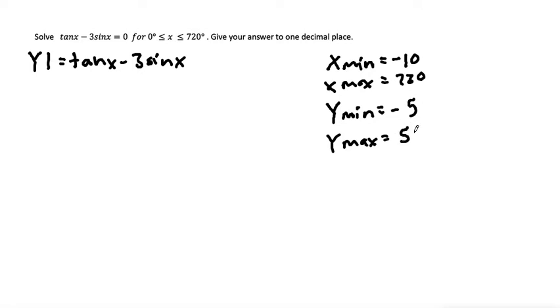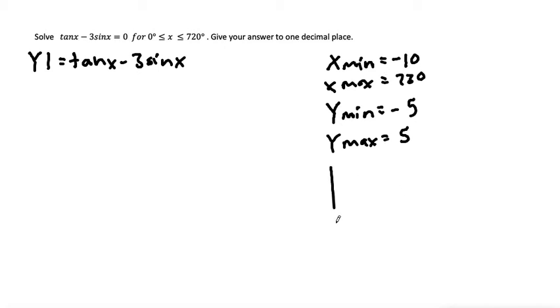You could just start with a guess, and if you can't see very well, then change it, but that was what I guessed originally. And I put my y scale as 1, but not sure that that's really that relevant in this problem. Okay, and then once I set my window, I hit graph again.